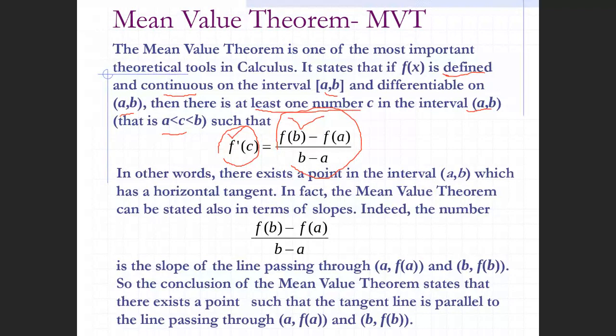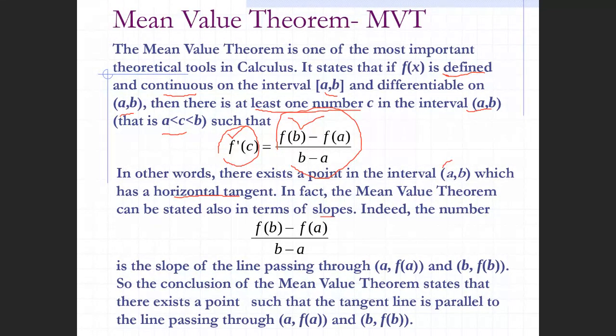Or in other words, there exists a point in the open interval (a, b) which has a horizontal tangent, a point between a and b where it has a horizontal tangent. In fact, the mean value theorem can also be stated in terms of slopes.